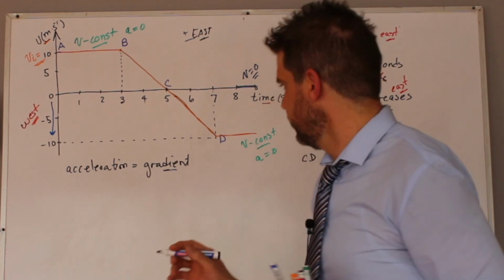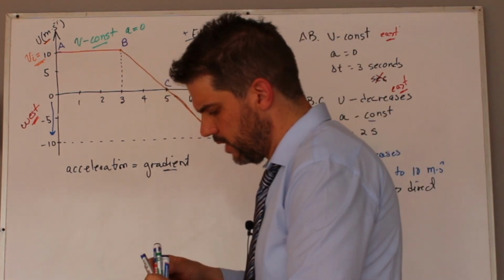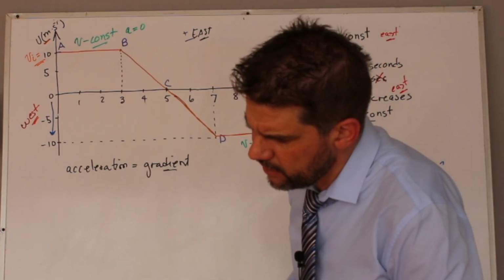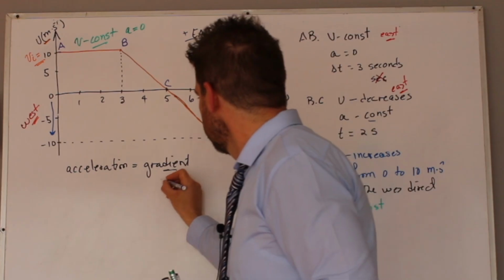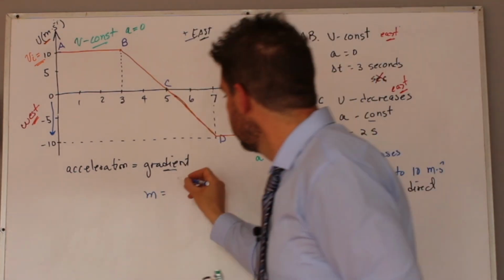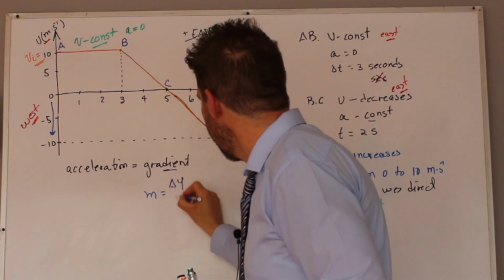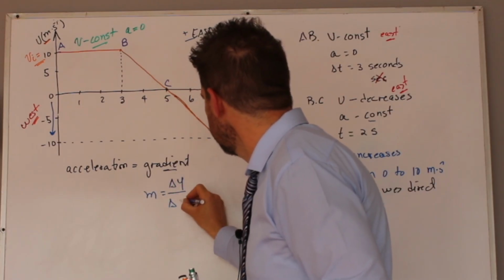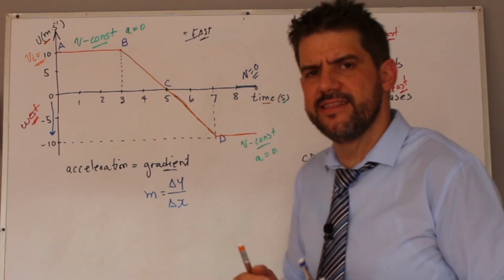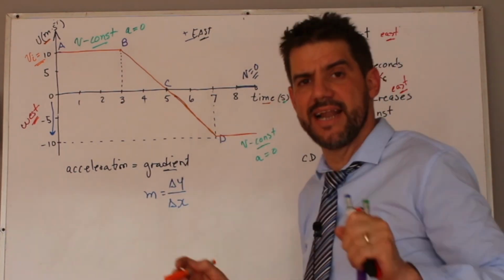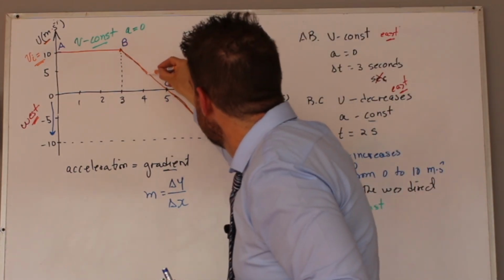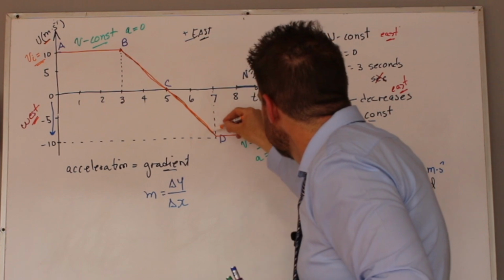It's really easy. So what is the gradient? How to calculate the gradient? That is maths literacy, grade 5. M, which is the gradient, is equal to the change in the y-axis divided by the change in the x-axis. Guys, you have to identify the side of the graph that you've been asked. This is the part of the graph that we're dealing with, from B to D.